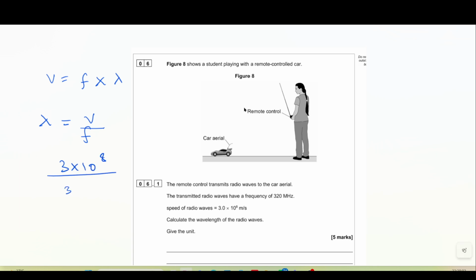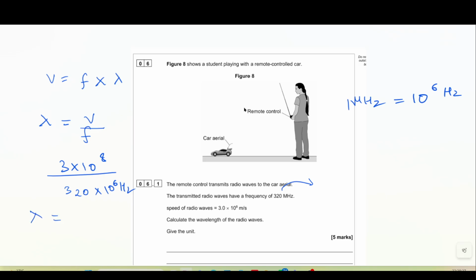So speed is 3 times 10 to the power of 8, and then you change the frequency. 320 megahertz: mega means you add 10 to the power 6, which is 6 zeros. 1 megahertz is equal to 10 to the power 6 hertz, a million.